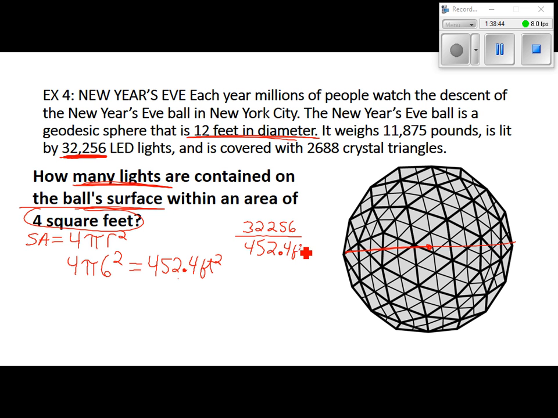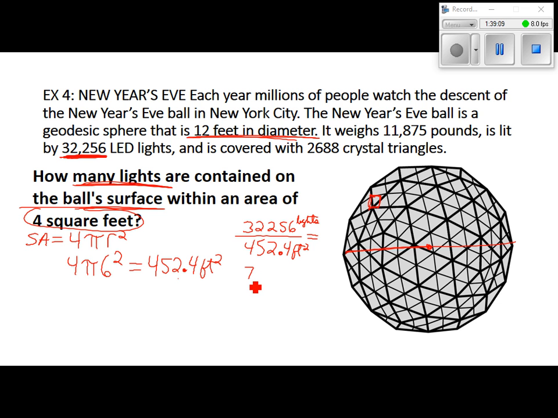This is feet squared, and this is lights. And what that's going to tell us when we do that division is how many lights there are in each square foot. So if we just take out one little square foot here, how many lights fall in that little square foot area?